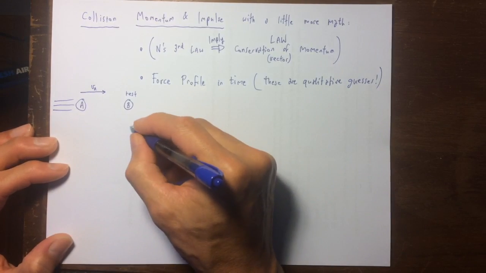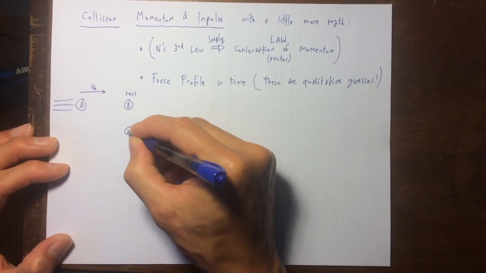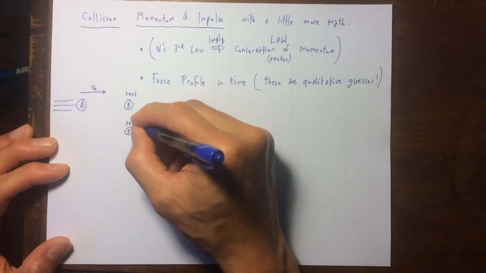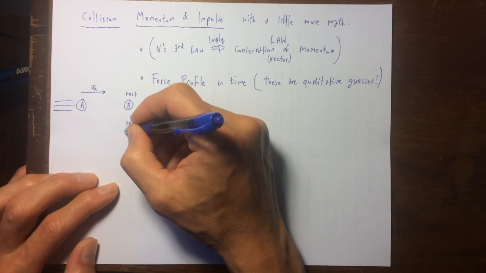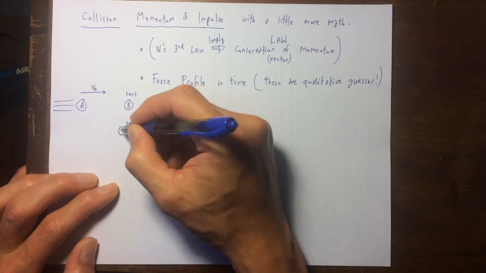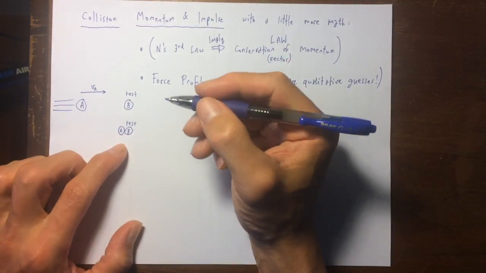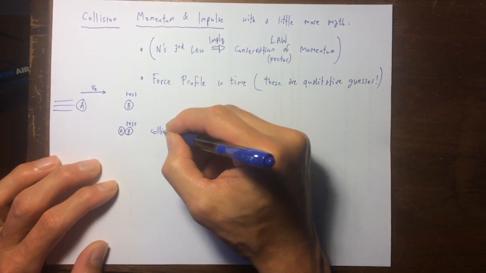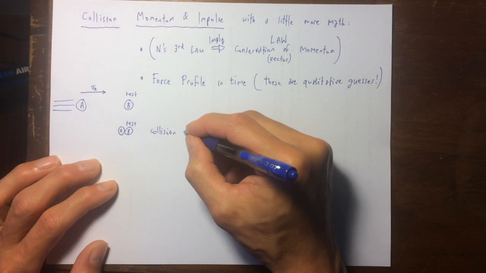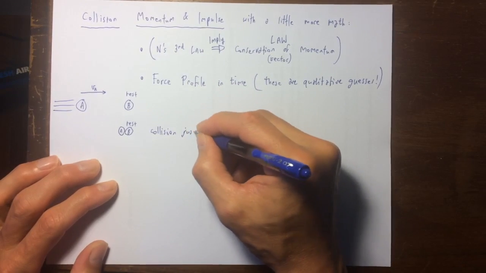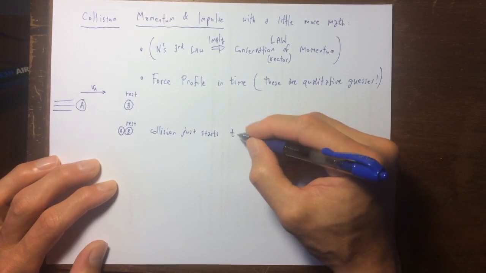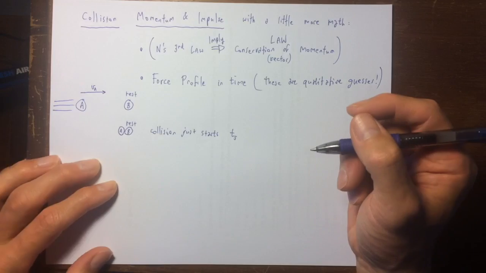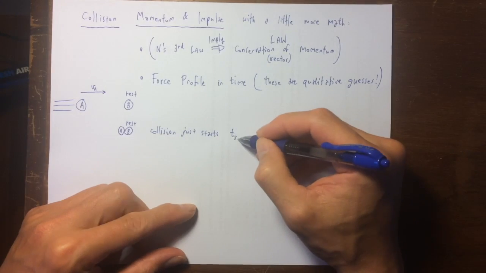So a little bit later in time, object B actually is still at rest, and object A is just about to start the collision. So here the collision just starts, and so we'll call this T sub s, so T for starting.